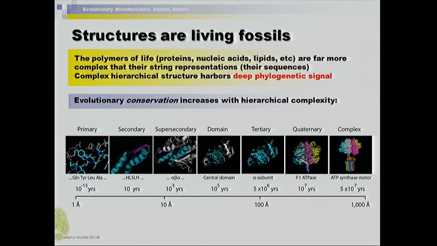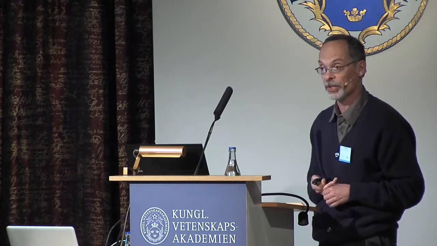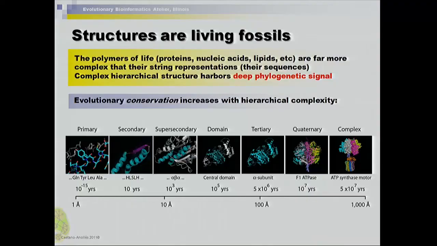But as you travel this way, towards molecular complexes, these structures take more and more time to be discovered. Here we require millions of years, if not billions of years, to generate some of these very complicated architectures. That means that as we travel this way, evolutionary conservation increases with this hierarchical complexity.